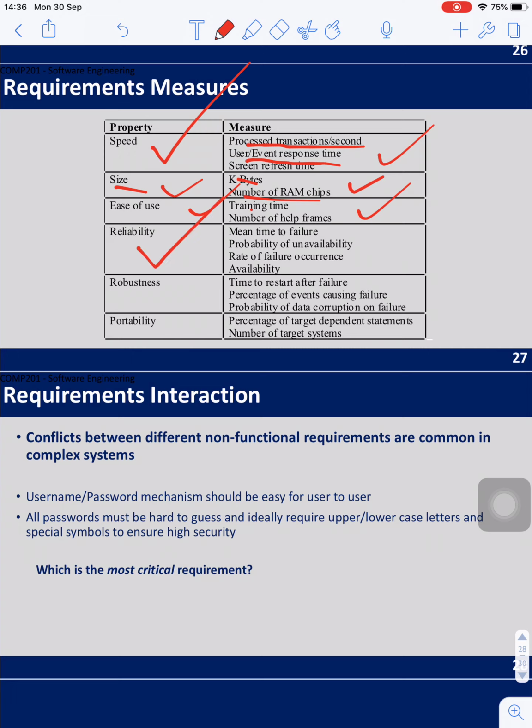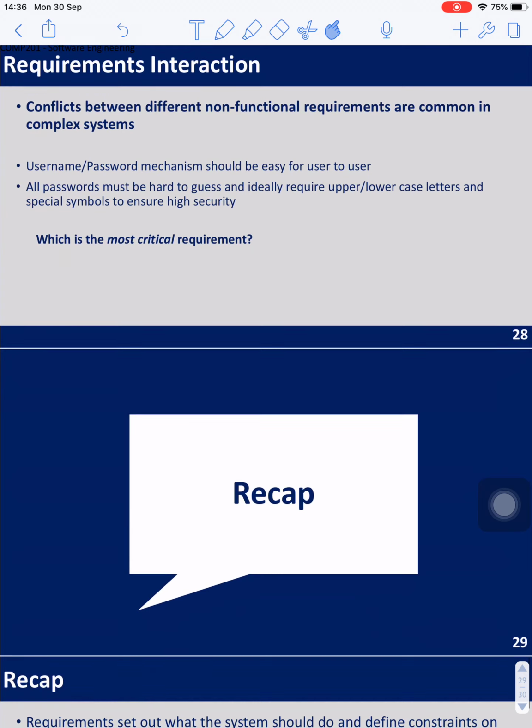Reliability is the mean time to failure. Robustness is the time to restart after failure. Probability means the percentage of target systems dependent on statements and the number of target systems.